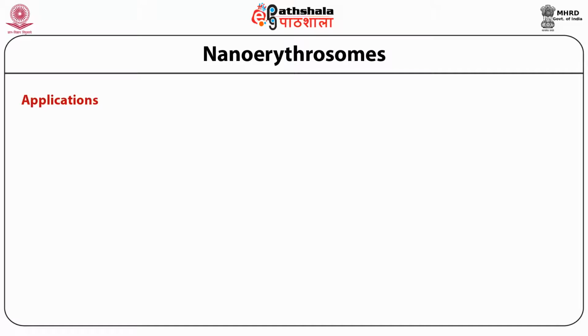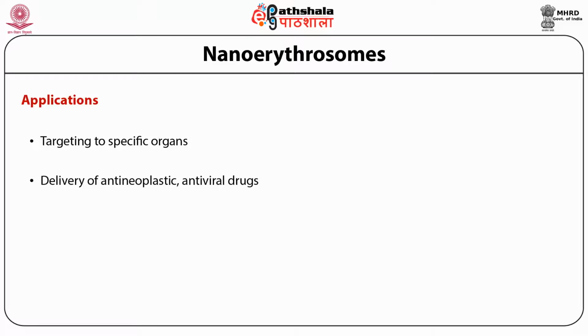The applications of nanoerythrosomes. These cells could be employed as circulating carriers to distribute a drug for a long duration in circulation or in target-specific organs such as the liver, spleen, and lymph nodes. Numerous drug delivery studies employing drug-containing erythrocytes are under clinical trials. Antineoplastic drugs like methotrexate, bleomycin, asparaginase, and adriamycin have been formulated using erythrocytes as carriers.